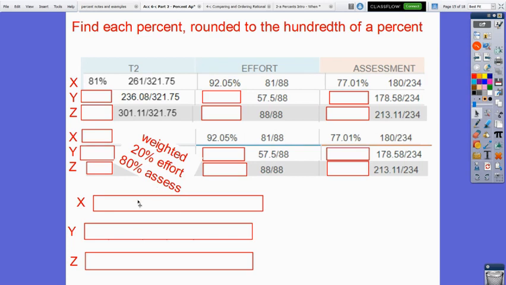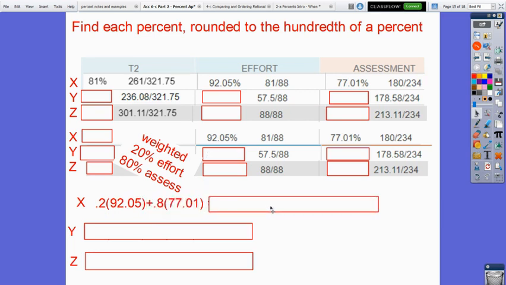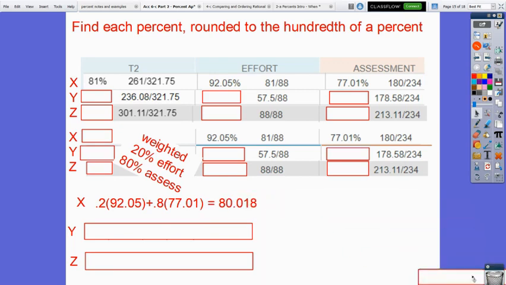So we do 0.2 times 92.05 plus 0.8 times 77.01, and that weights the assessment grade bigger than the effort grade. If you multiply these together and add them up, you get 80.018. So this person, because their assessment grade was lower than their effort grade, when it got weighted a little more, the trimester grade went down by 1%.